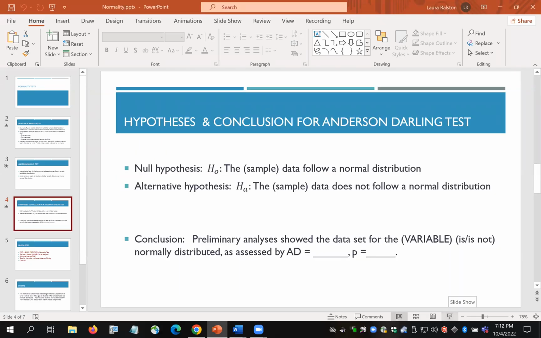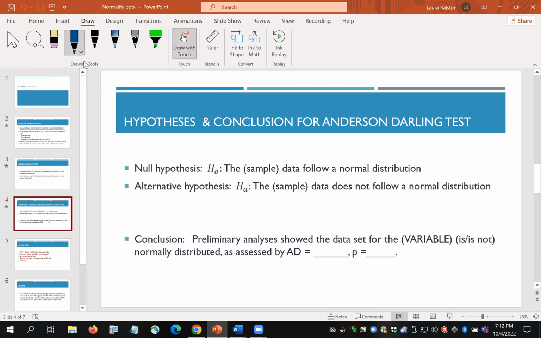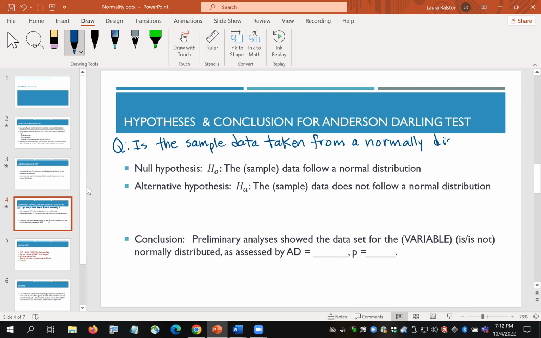So the null hypothesis will be, let's even make us a little note here. If you want to get down to the nitty-gritty, our research question in this scenario would be, is the sample data taken from a normally distributed population?